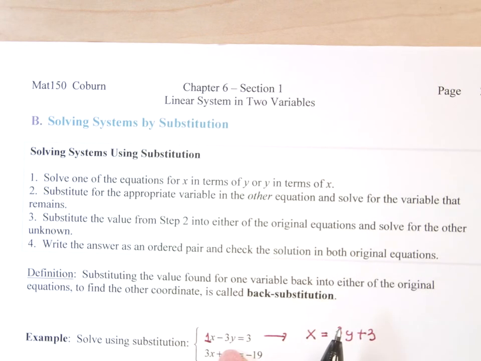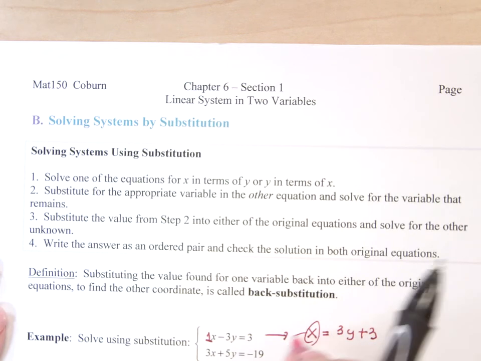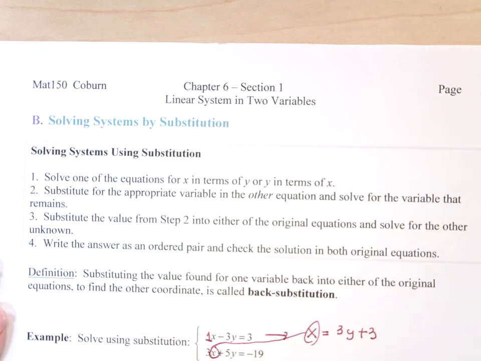Because if I try to solve this guy for y, I'd have a coefficient of 1/3 on x. I'd start having fractions, and you don't want to do that. Fractions as answers are okay, but you certainly want to try to avoid as much of the fraction world as you can. Then you take this x and substitute it in for x here.